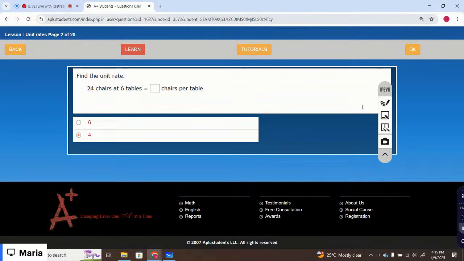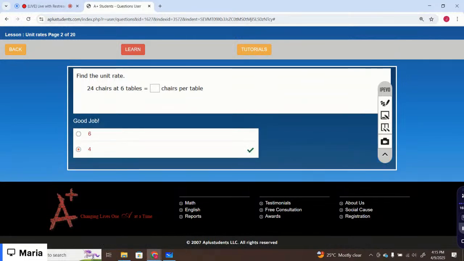That means one table has 4 chairs. So 4 chairs per table.